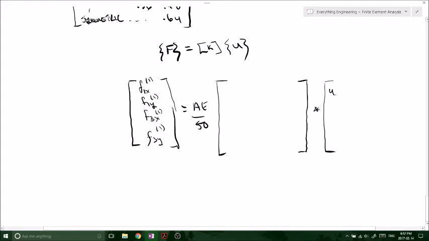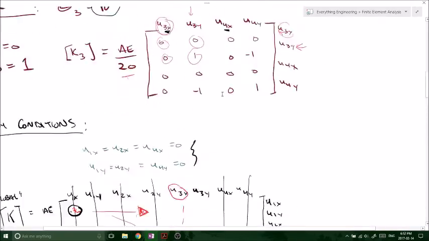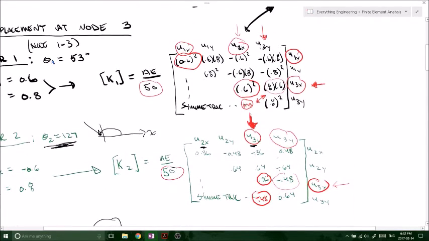Because now remember, we got our U1x, U1y, U3x, U3y, because remember, we're dealing with the U1x slot, U1y slot, U3x, U3y slot. Because if you look back at our stiffness matrix for the first member, you'll see here that we're dealing with our 1 and 1, 3 and 3.